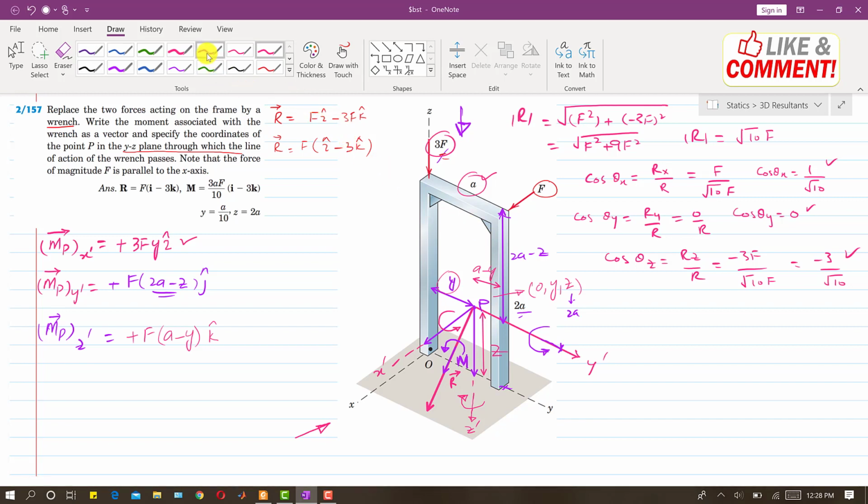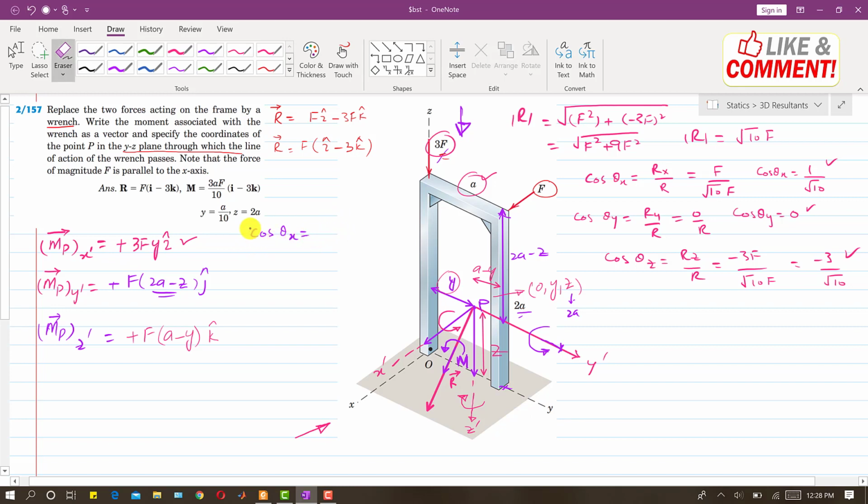So if we find the direction cosine for this moment, cos theta x for this moment will be the magnitude of this component divided by the magnitude of the moment.